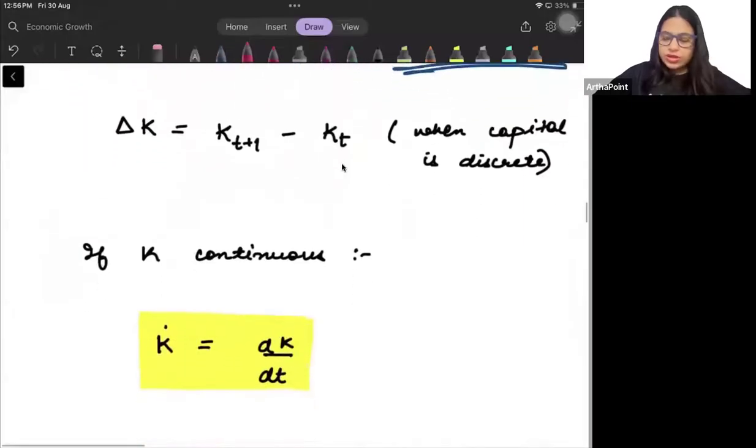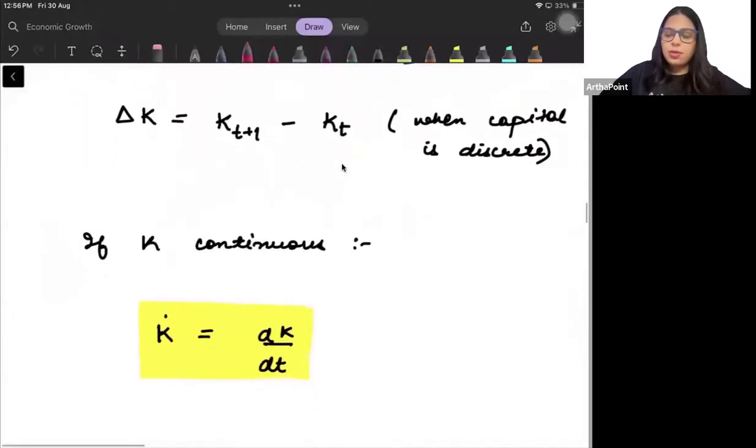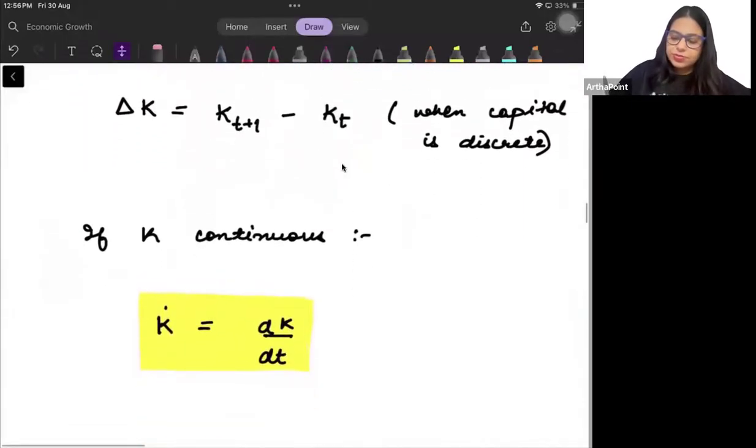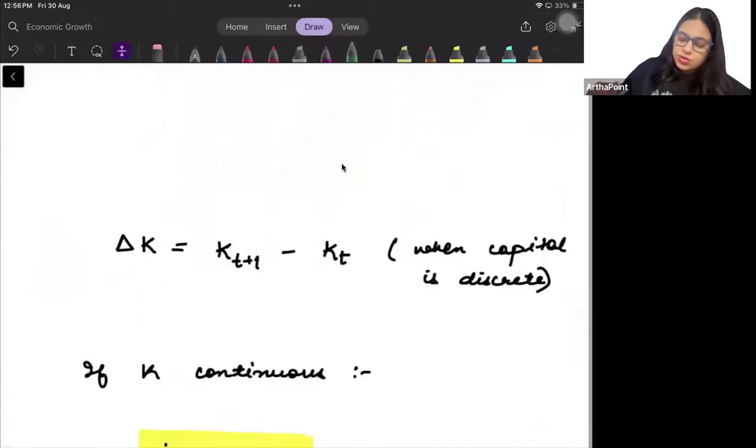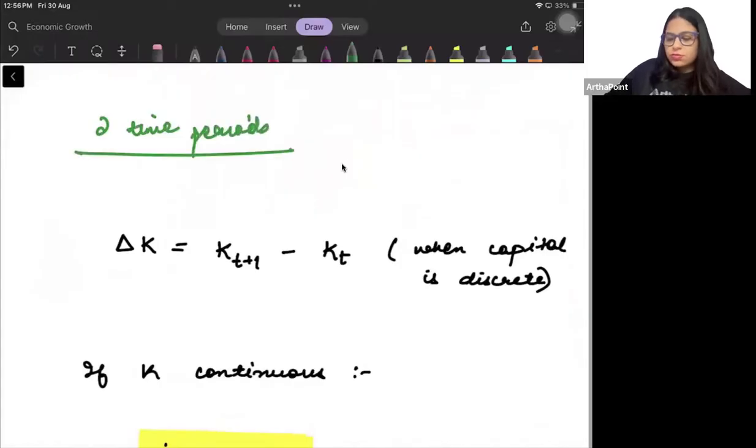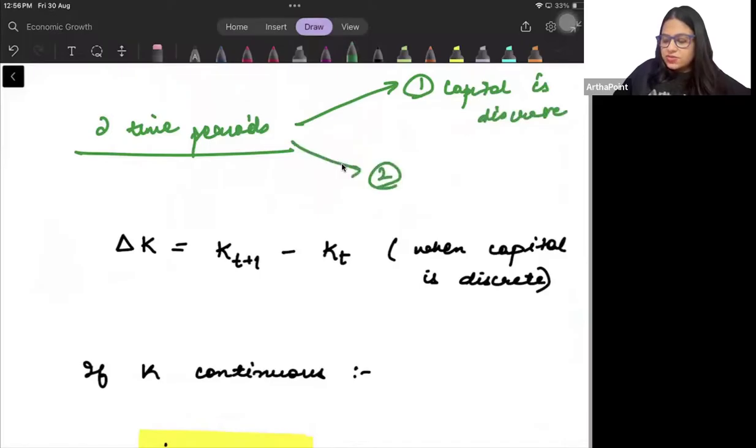I want to talk about two time periods here. The first one is when capital is discrete. And the second one is when capital is taken as continuous.